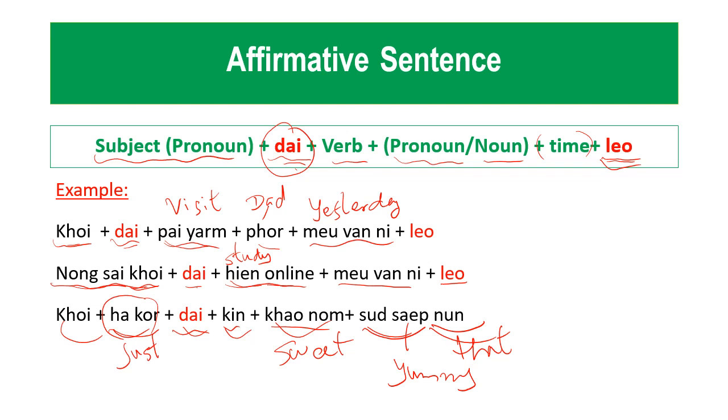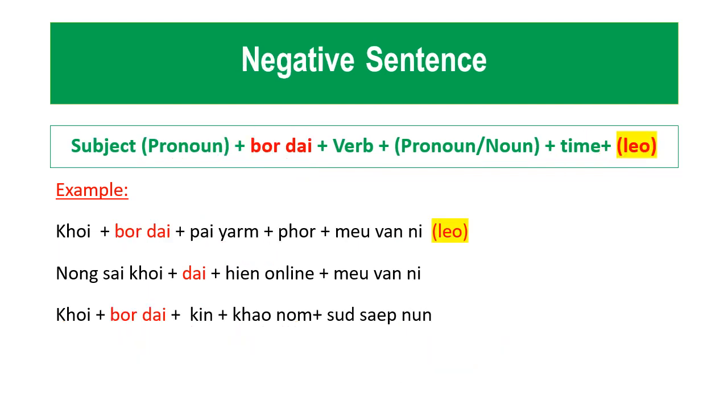Moving on to the negative sentence. With the negative sentence, very simple again. Bo dai, you just add the word bo, which means no. Bo dai means you didn't get to. And then again, pronoun, bo dai, verb, pronoun or noun or object, the time, and then แล้ว. ค่อยบ่ได้ไปยามพ่อเมื่อวานนี้แล้ว.